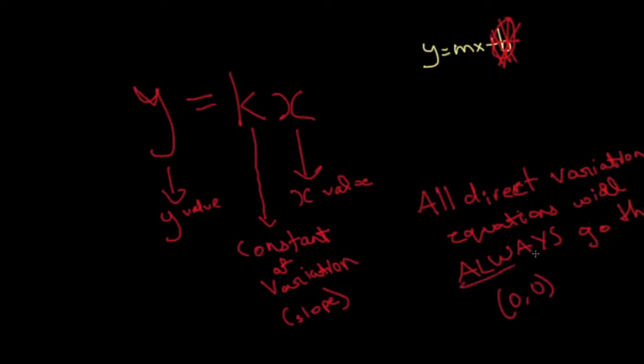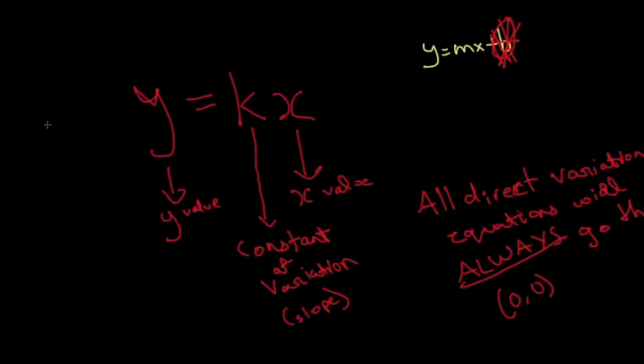They will always go through this point. If you want to write that down, it's a useful note to have. Just keep in mind that if you've got a direct variation equation, it will always go through 0, 0. If it doesn't, then it's either not direct variation or you're doing something wrong.